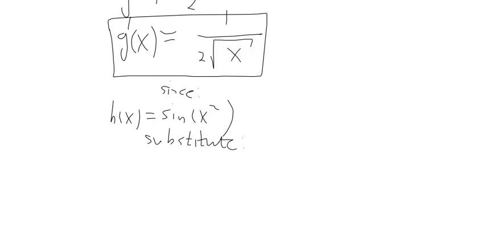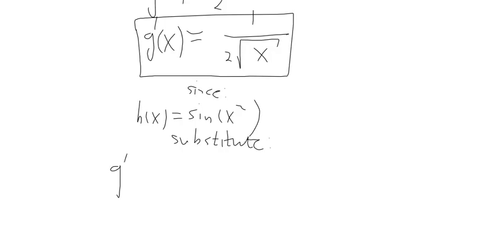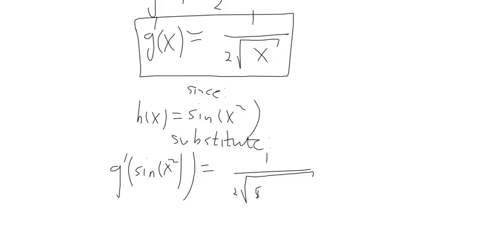So g prime of h of x, that's what we're finding, or in this case, g prime of sine of x squared. That means that every x is replaced with a sine of x squared function in the g prime. So this becomes 1 divided by 2 times the square root of sine of x squared.